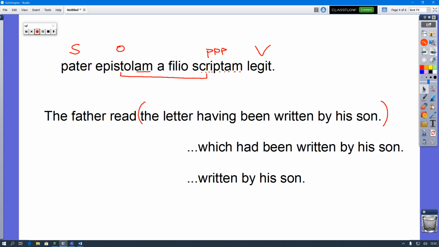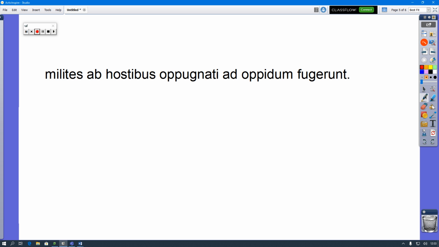Let's look at another example. Milites ab hostibus oppugnati ad oppidum fugerunt. So I have a subject, the soldiers. I've got a verb, they fled. I've got a preposition phrase, so I'll join that together. And then again in the middle of the sentence I have oppugnati.